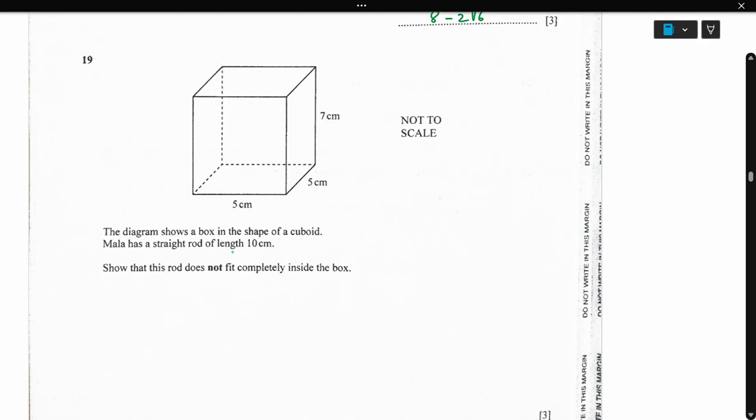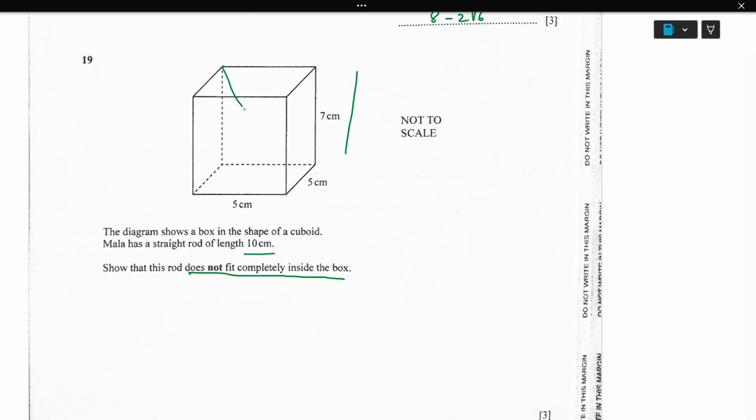Next, question number 19. The diagram shows a box in the shape of a cuboid. Mala has a straight rod with a length of 10 centimeters. Show that the rod does not fit completely inside the box. She cannot put it in the vertical way because the vertical height is only 7.